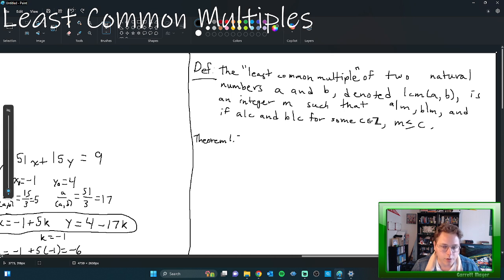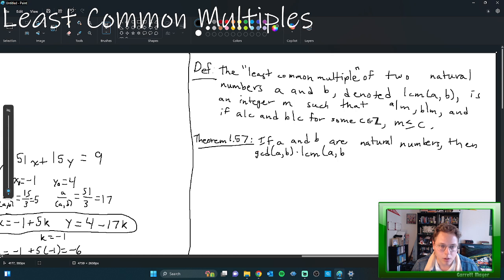Theorem 1.57, and this theorem states if a and b are natural numbers, then GCD of A and B times least common multiple A and B equals A times B. So that's basically what we're going to try to prove.